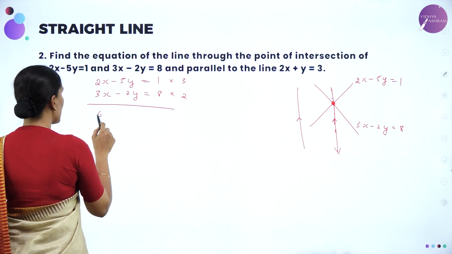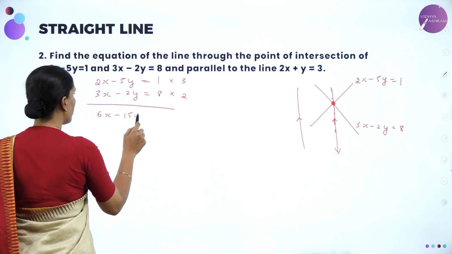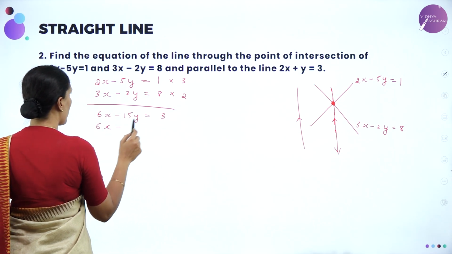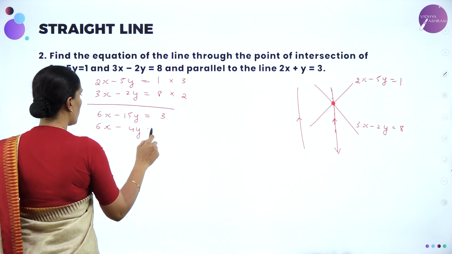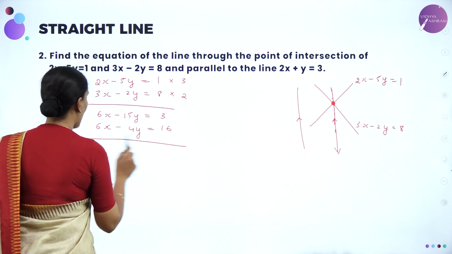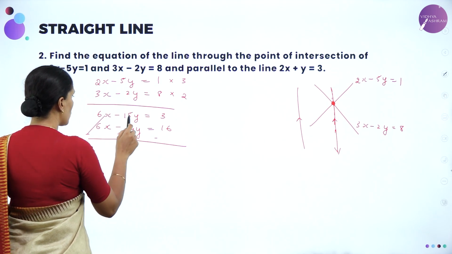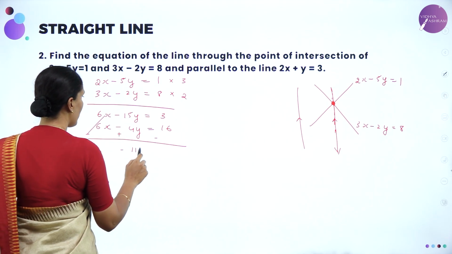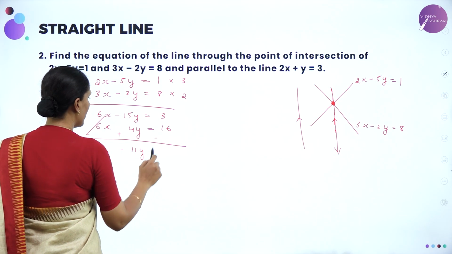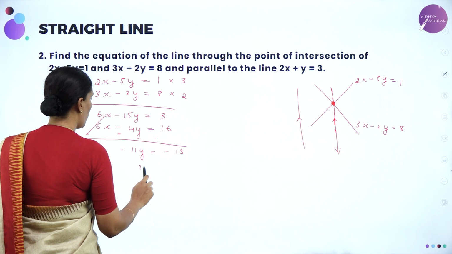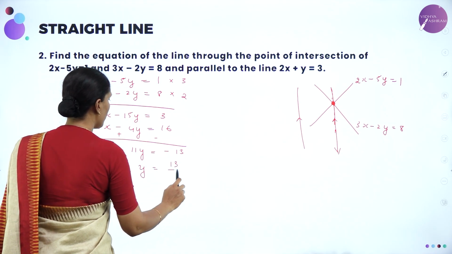So 3 2s are 6, 3 5s are 15, 3 1s are 3. And 2 3s are 6, 2 2s are 4, 2 8s are 16. Subtracting, the 6x cancels. So it is minus 11y is equal to 16 minus 3, which is 13. So y will be equal to 13 by 11.